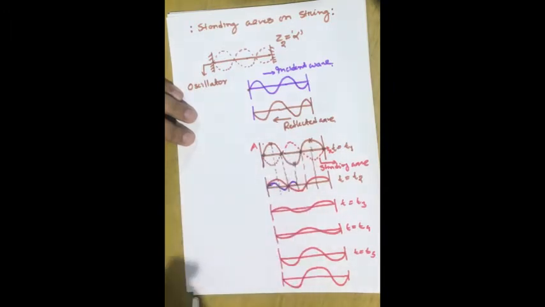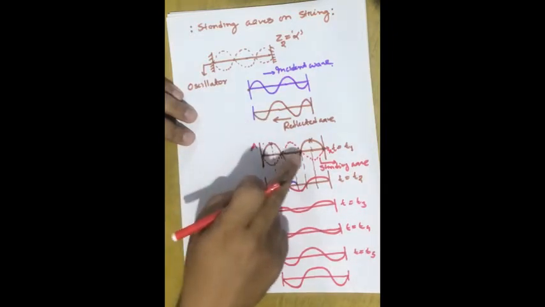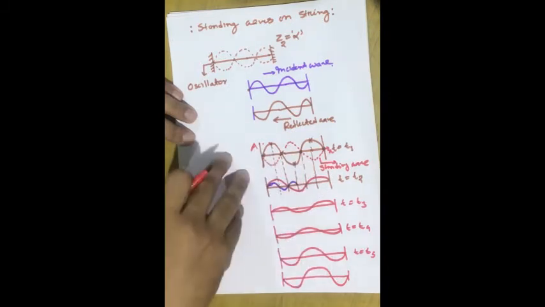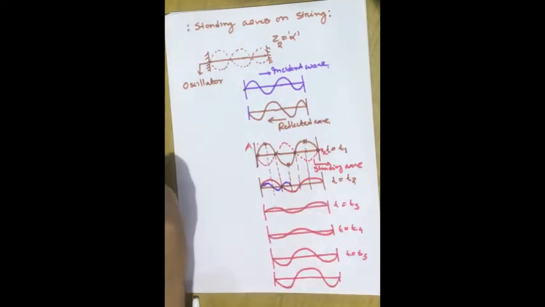I will put a simulation video with this part of the lecture. There you can easily learn how to simulate the generation of a standing wave on the string when both ends of the string are kept fixed.